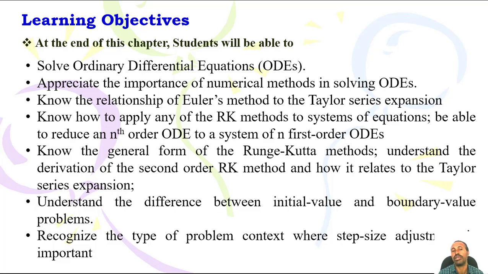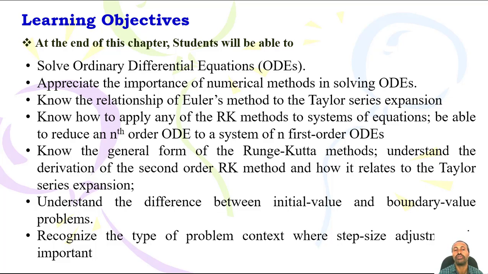You will be able to reduce an nth order ordinary differential equation to a system of n first order ordinary differential equations also, and in the Runge-Kutta method, first order, second order, third order, and fourth order forms can be made.